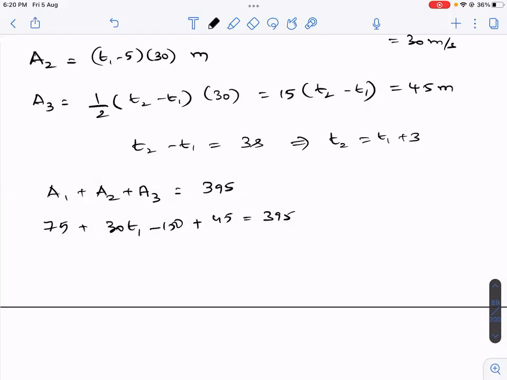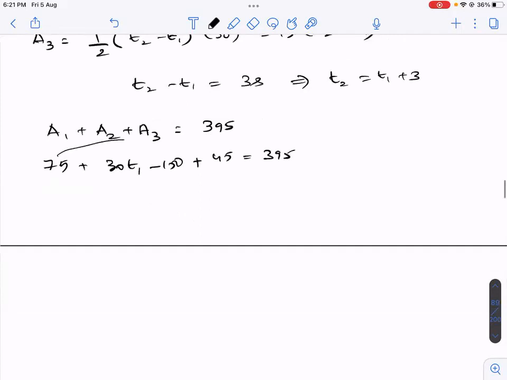So what is the answer, Resh? So 75 plus 45 is... T1 is how much? 15. 15 seconds, sir. Okay.